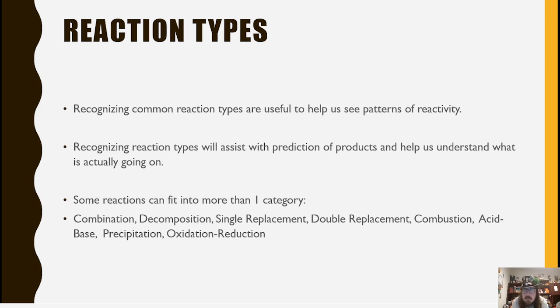These patterns are seen throughout the majority of our chemical reactions. And if we can recognize that, we can kind of tell what's going on. Then we can further discuss the driving forces behind them, whether they be acid-base, precipitation, or oxidation and reduction driving forces.